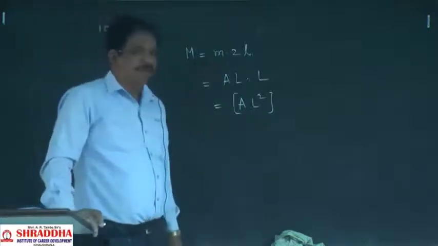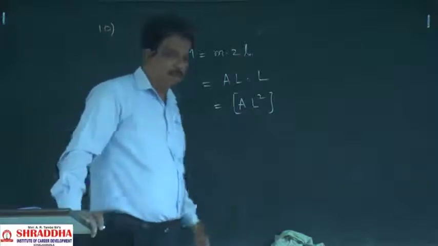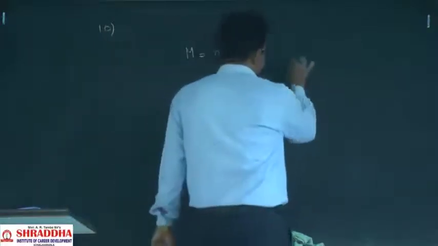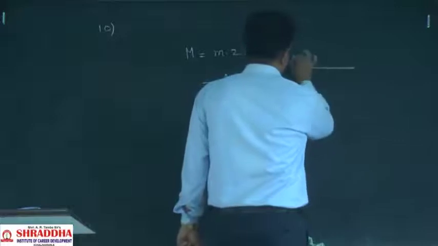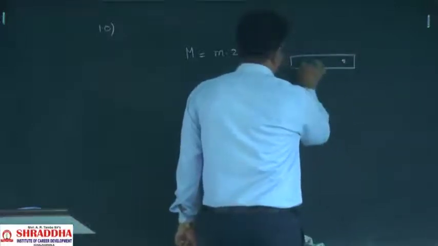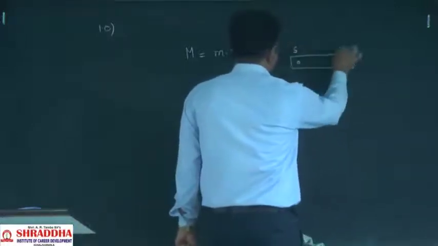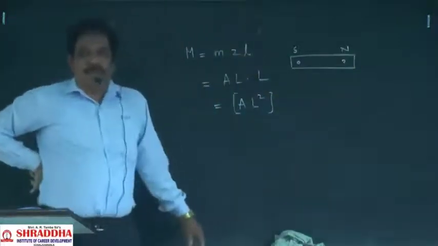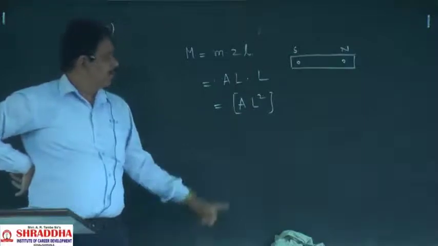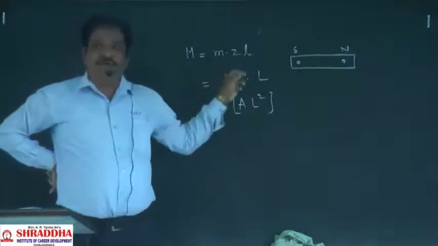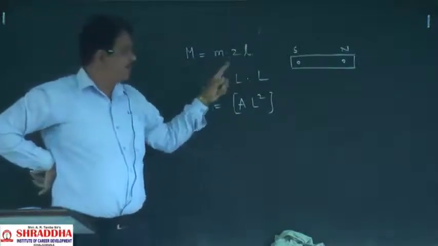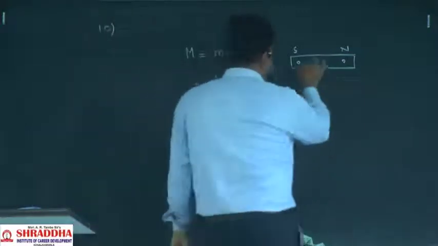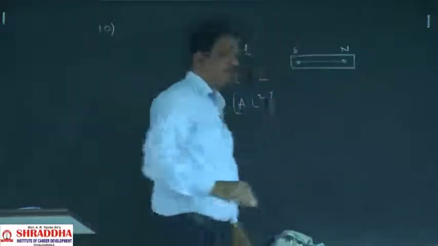Magnetic moment means if you take any bar magnet, a bar magnet will have two poles. One is the south pole and another will be the north pole. Those poles will have pole strength small m, and the length between them we are representing as 2L.